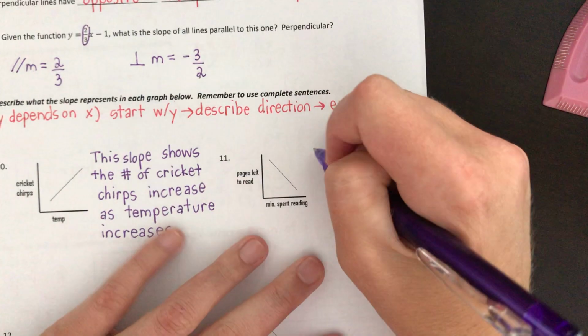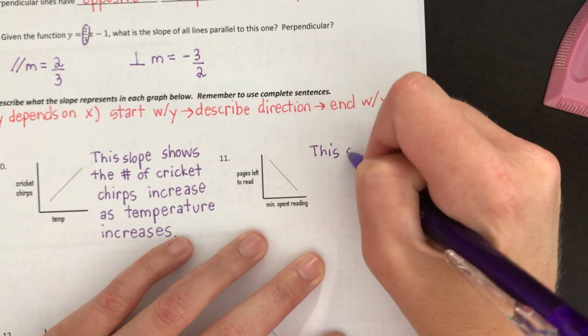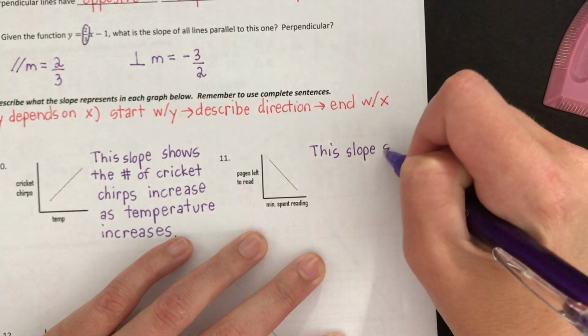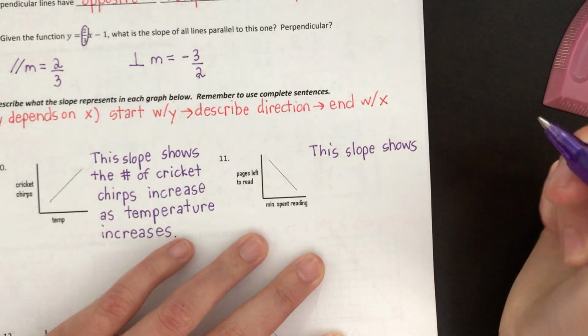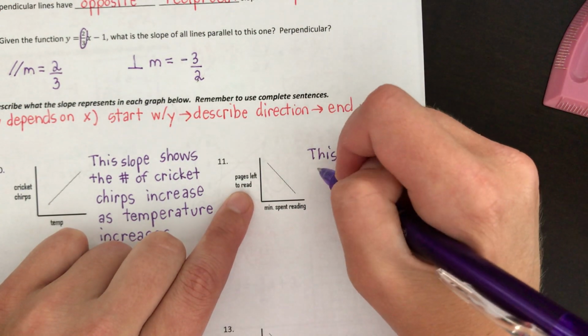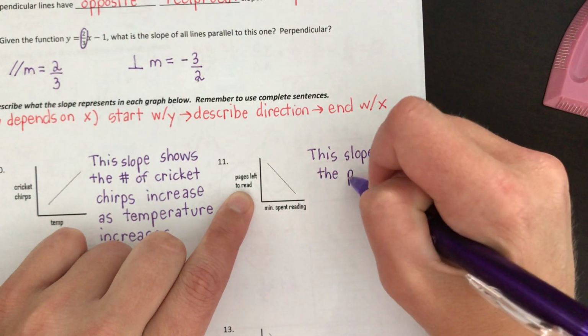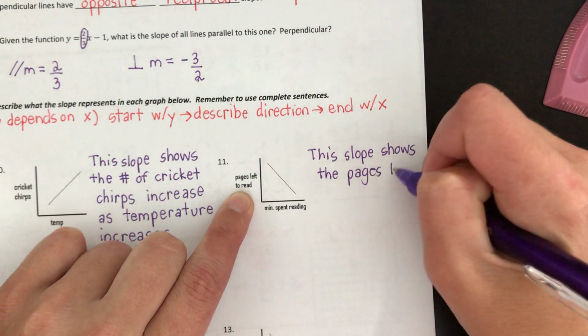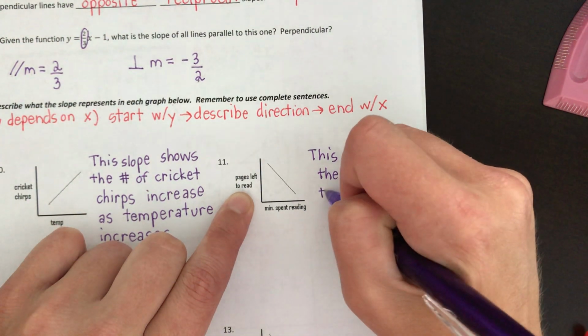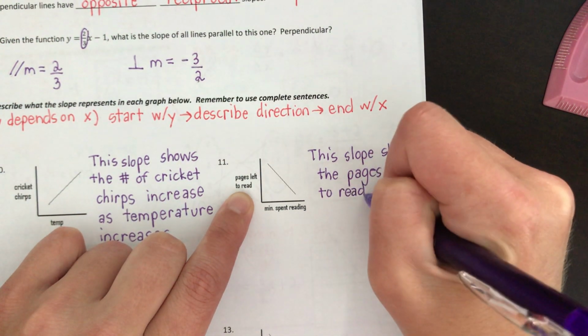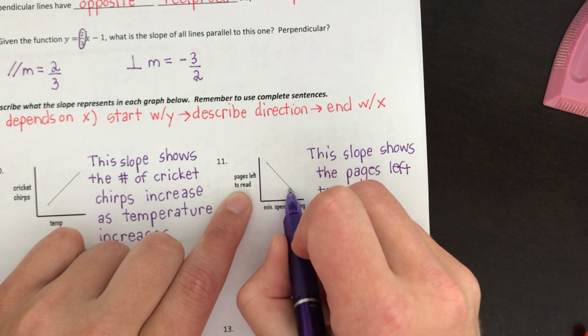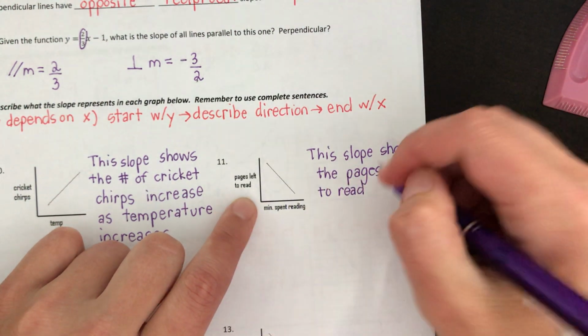Okay, so let's do the next one. This slope shows or represents, okay, start with the y. So this slope shows the pages left to read. What's happening as I read left to right? Well, that's decreasing.